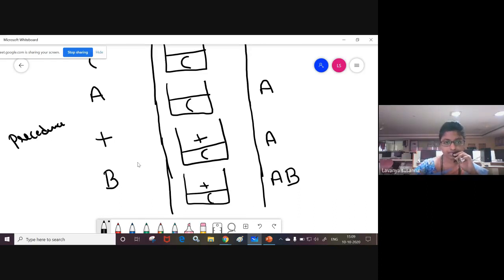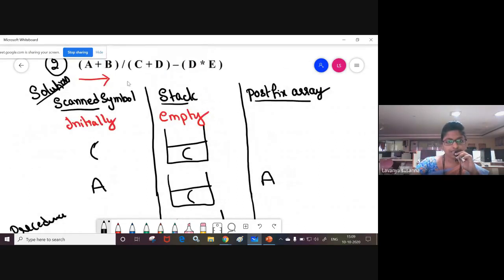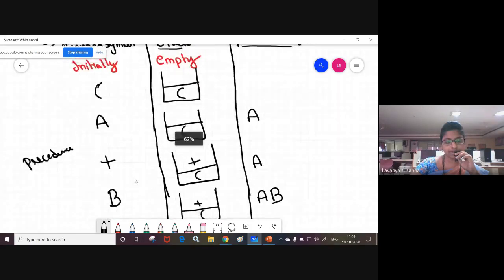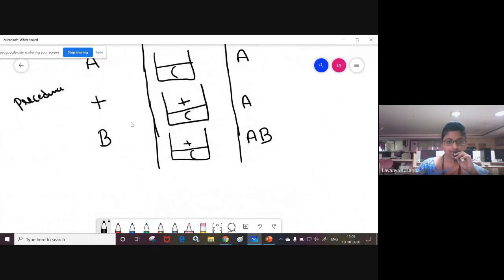Okay, students, next. What is the next scanned symbol? See, after B, what is there? Close bracket. Okay, closed bracket. See, if you got a close bracket, what you need to do? You need to pop each and every symbol.